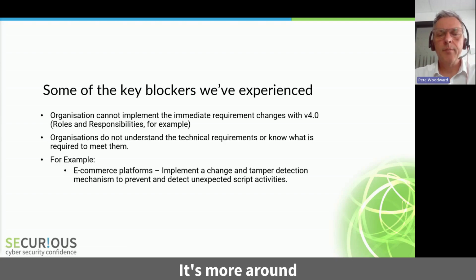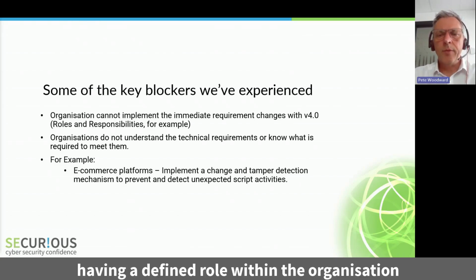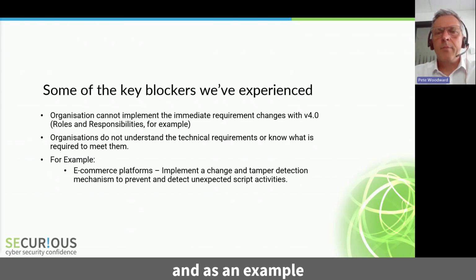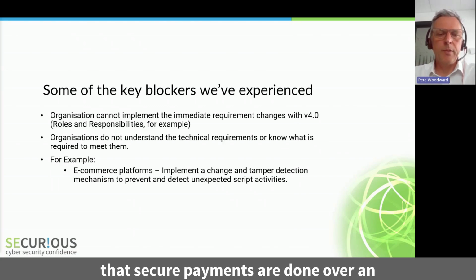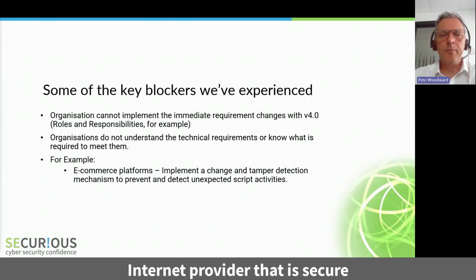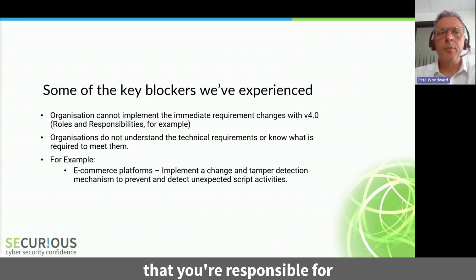It's more around having a defined role within the organisation. As an example, if you're an IT manager in charge of making sure that secure payments are done over an internet provider that is secure, then these are the specific roles that you're responsible for.